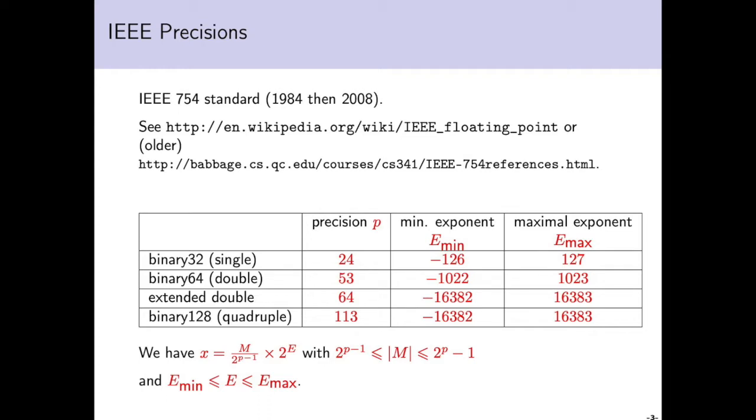The extended double is much less used. It is essentially used to make some intermediate computation when we target double precision. Here p is 64 and you have these values. And binary128, quadruple precision, is also, as of today, seldom used.